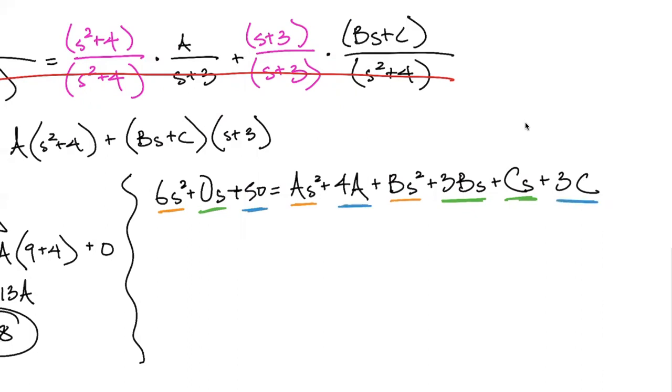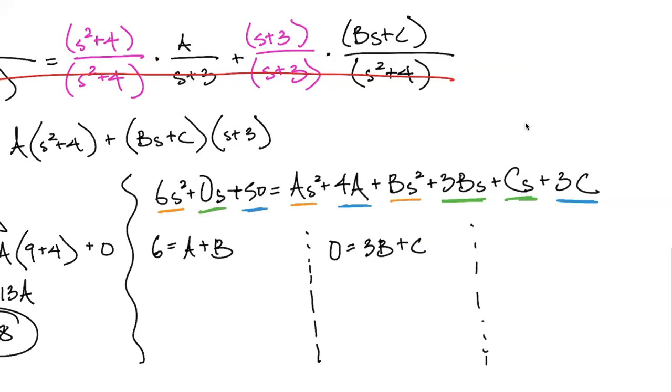And each of those colors is going to give us a different equation, right? And so if I collect all the orange ones, I'll get 6 equals a plus b. If I collect all the green ones, I will get 0 equals 3b plus c.